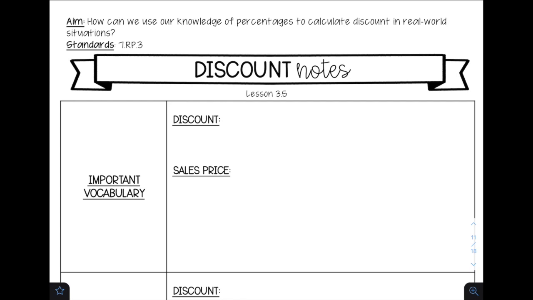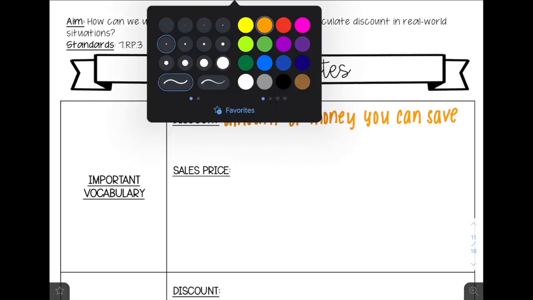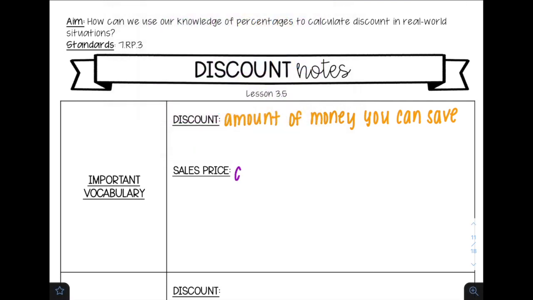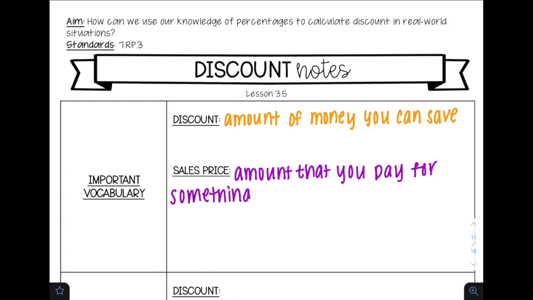So the first thing that we have to talk about is what is a discount? A discount is an amount of money you can save, and then a sales price is the amount that you pay for something when discounts are applied.